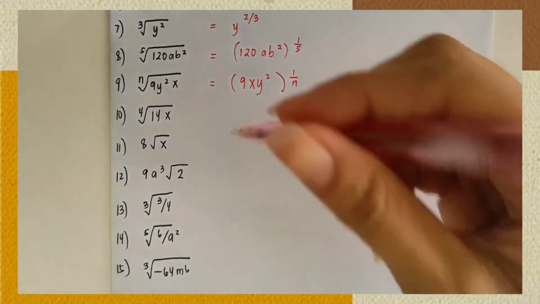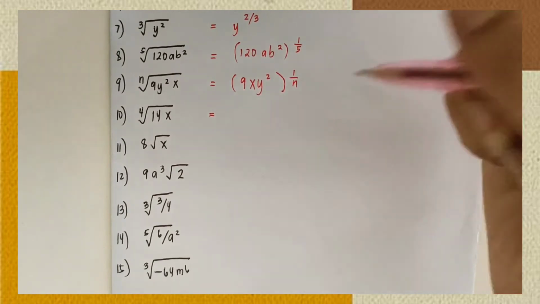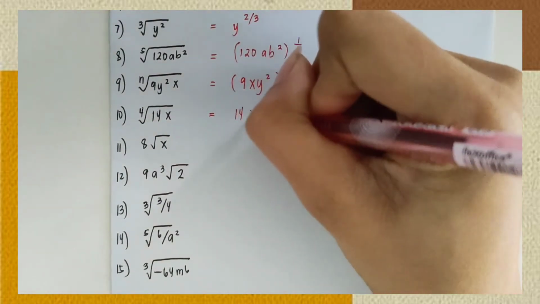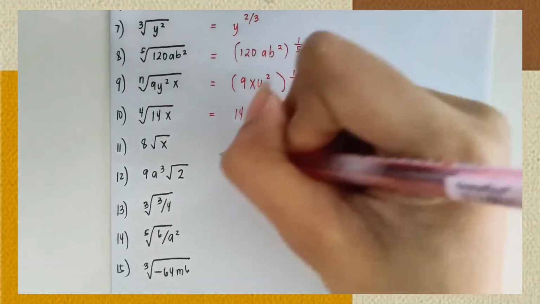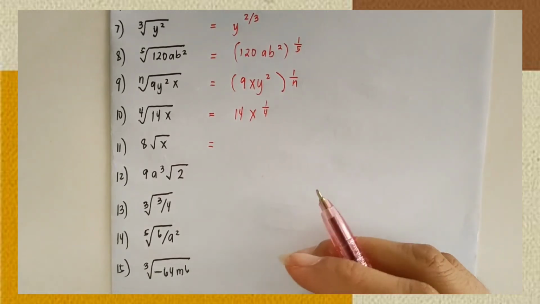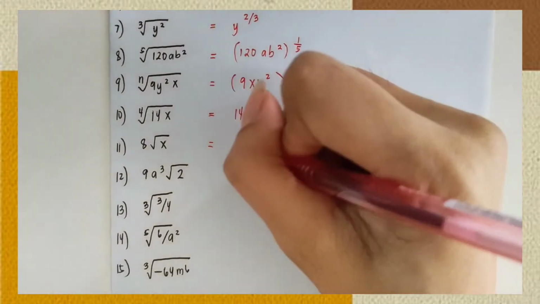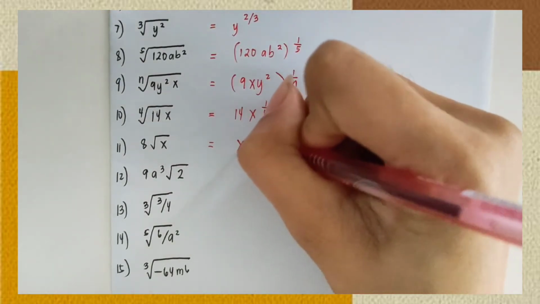Okay? Number 10. Fourth root of 14x. The answer is 14x raised to 1 over 4. Number 11. 8th root of x. We have x raised to 1 over 8.